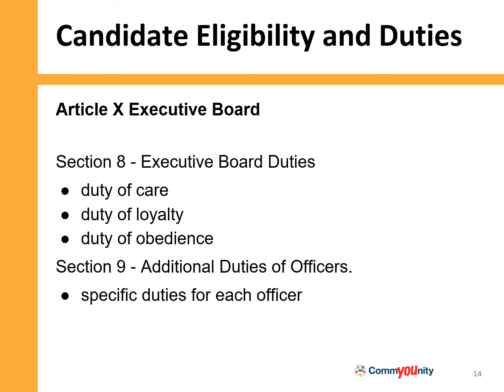The nominating committee will want to be very familiar with these sections as they look for candidates with the necessary skills, availability, and willingness to serve in these important roles. Nominating committees will want to copy these sections and share with any potential candidates to make sure each one is aware of the expectations prior to accepting a nomination.